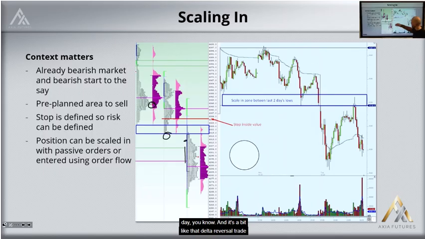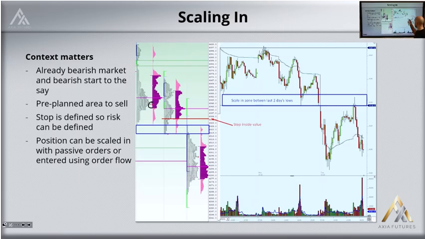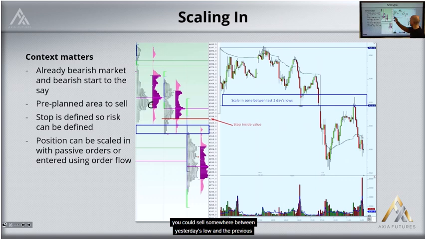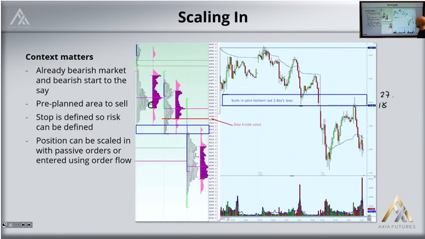You know, and this is a bit like that delta reversal trade that I talked about, my one where I made a mistake. You know that you could sell somewhere between yesterday's low and the previous day's low. That gives you a little range between 18 and 27. Anywhere in there, all good. And you can place your stop just above 30 inside value, so that gives you a stop just up here.